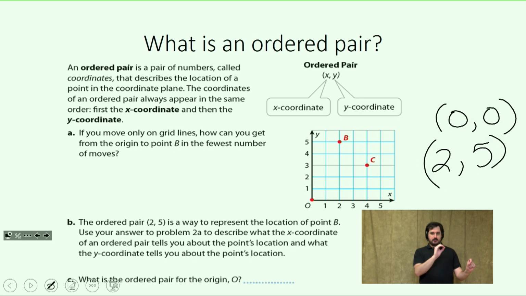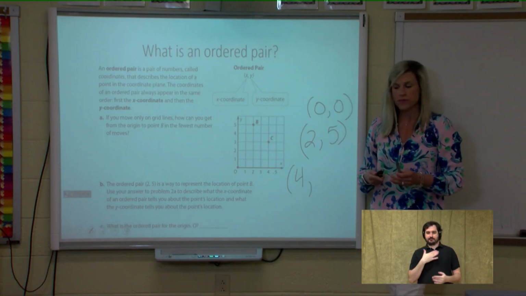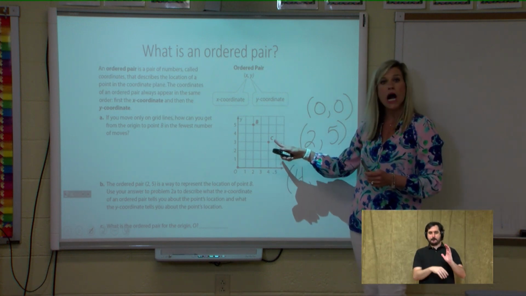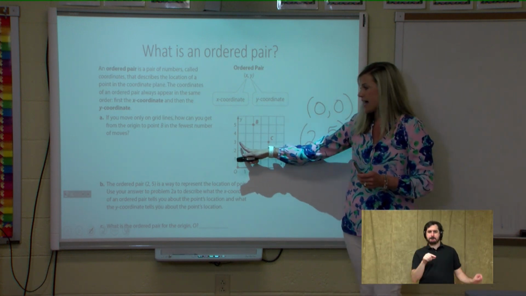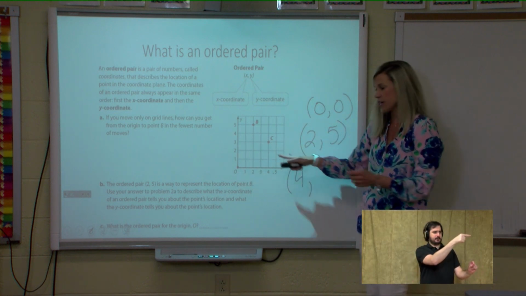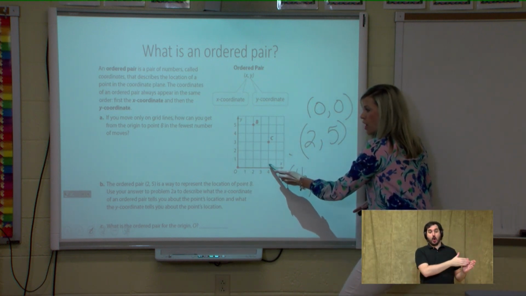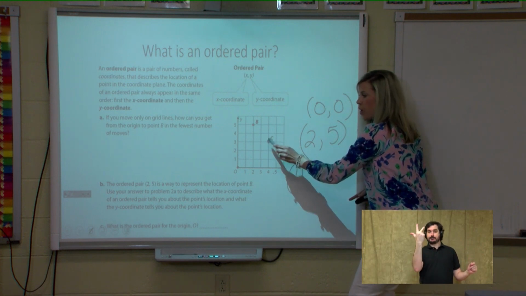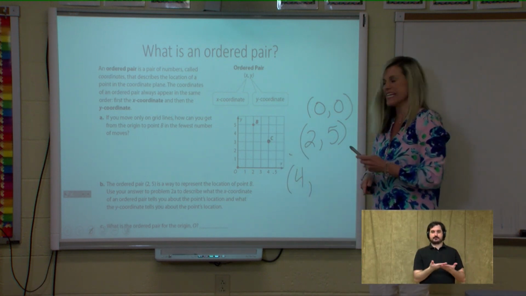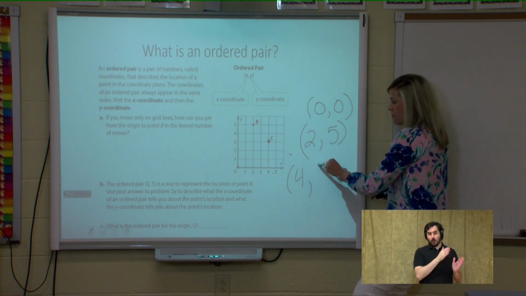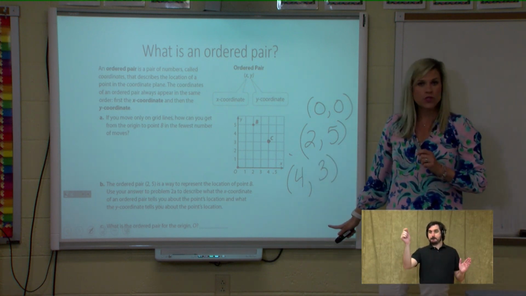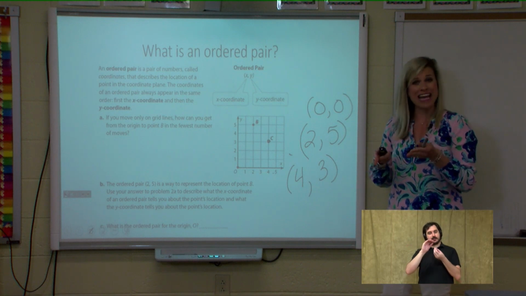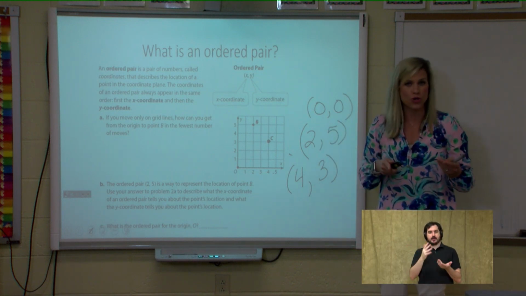We're going to go over to where we see the line for C. What number is that? Yeah, it's 4. That's right. So my X coordinate is 4. And then we're going to go up. What coordinate is that? Yeah, it's right there at 3. So over 4, up 3, there we are. We're at point C. So over 4, up 3, those are the terms that go together that make our ordered pair.